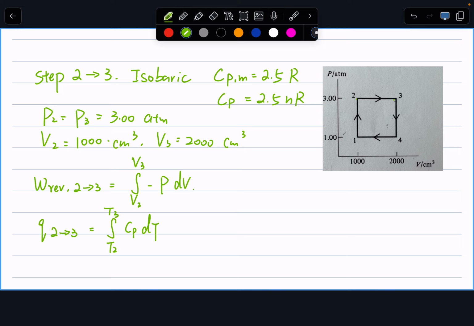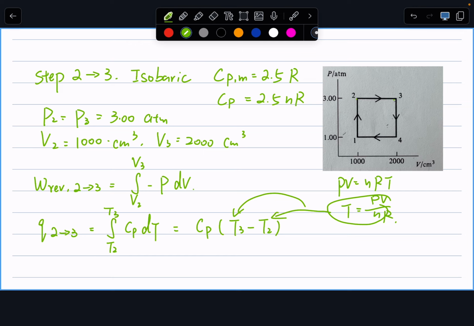We're just looking at the temperature difference, so we're looking at Cp times T3 minus T2. We don't know temperature from this diagram, but we can easily solve it using PV equals nRT, or T equals PV over nR. That's pretty straightforward, just plug in numbers and solve for temperature.